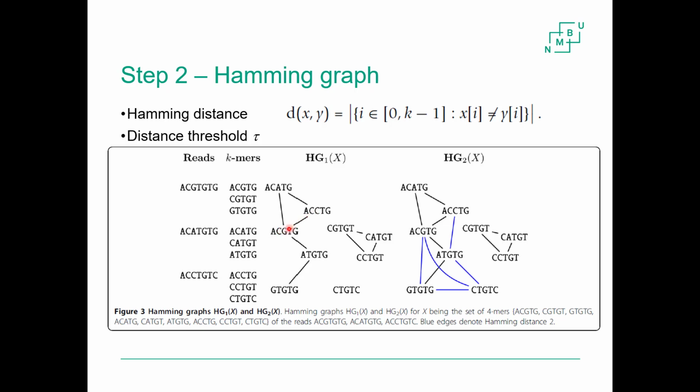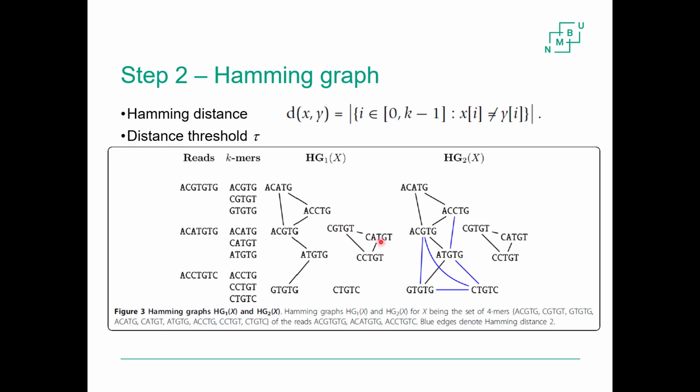And that means we also have an edge here because again, it's the third position that these two disagree on. And then you have an edge down here, but now it's a different position, the second position. And this one is more than distance 1 away from this one because these two have two differences between them, so there is no edge here. Because now we set the threshold at 1.